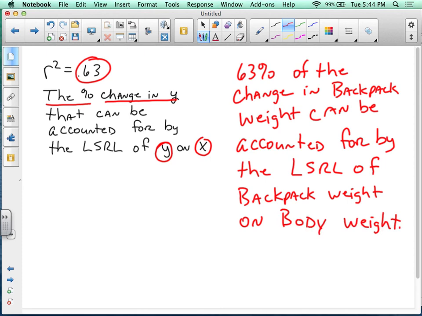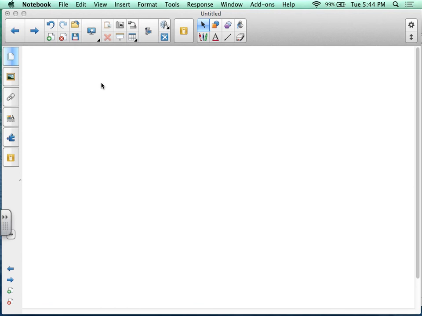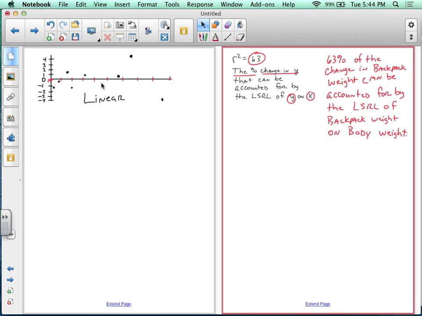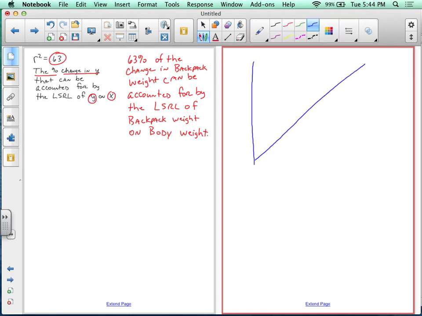What does this all mean? Well, what it all means is this. Here's your line of best fit. Here's backpack weight, and here's body weight. So it's just like slope.